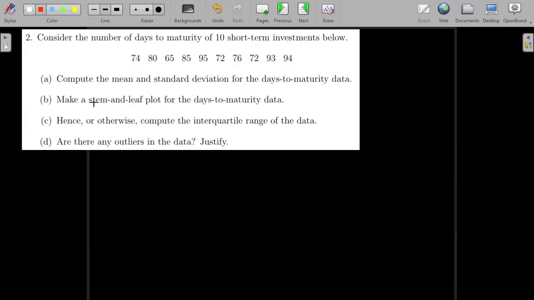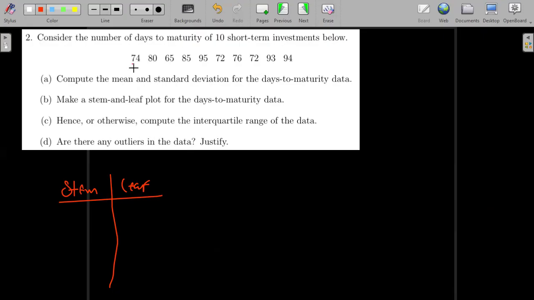Okay, so the next question, they're saying make a stem and leaf plot for the days to maturity data. Okay, so a stem and leaf plot is in this form. We are going to have a stem here, and then you are going to have a what? A leaf here. So the first thing that I advise my students to do is just to arrange the data that you have here in order.